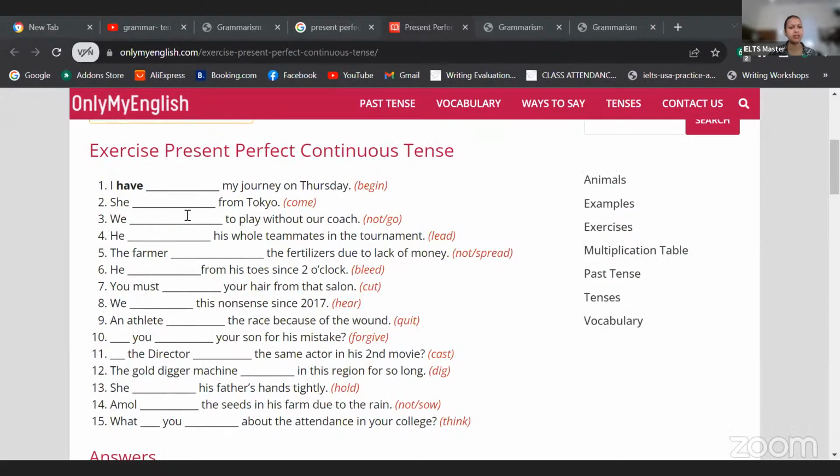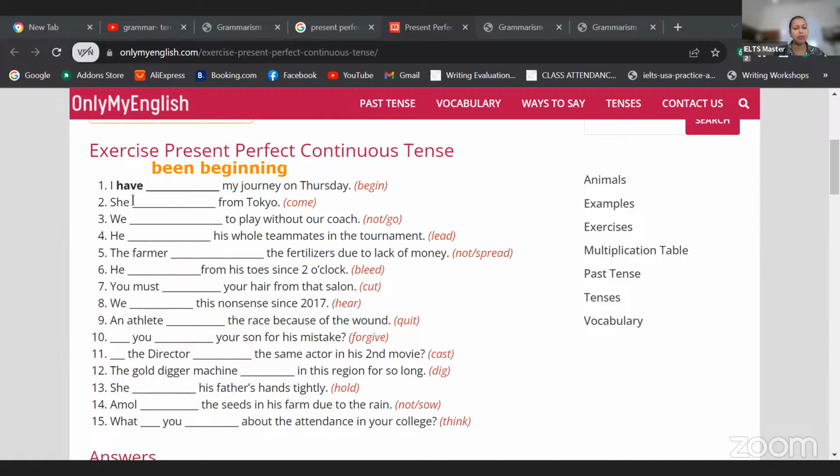So I'm opening it from a website. It is present perfect continuous. Whenever any time is given, we use present perfect continuous. For example, I have been beginning my journey on Thursday.